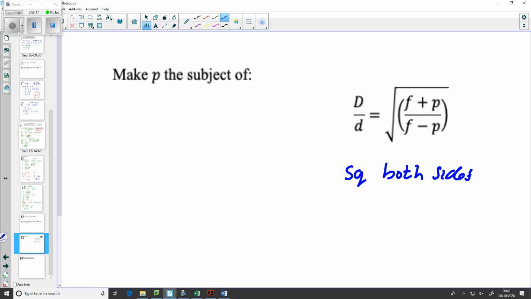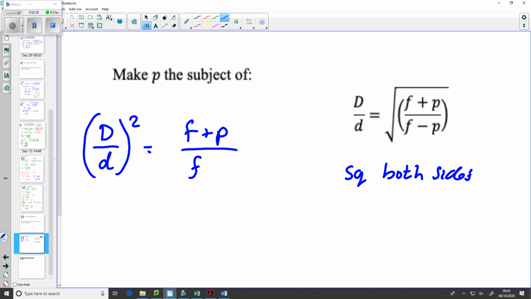So we end up with D over d, all squared, is equal to F plus P over F minus P.